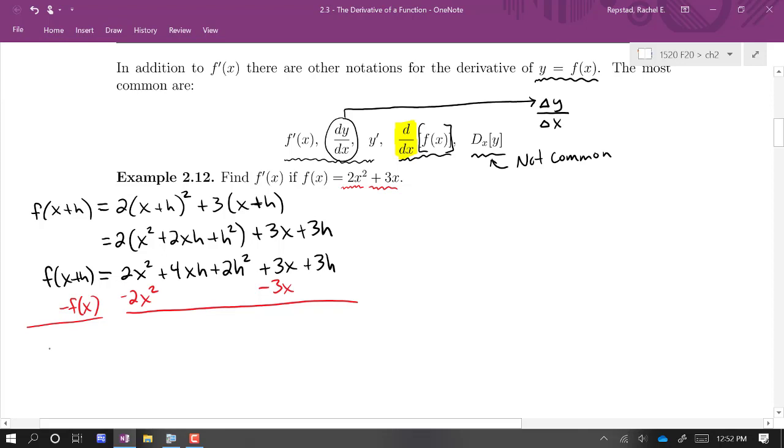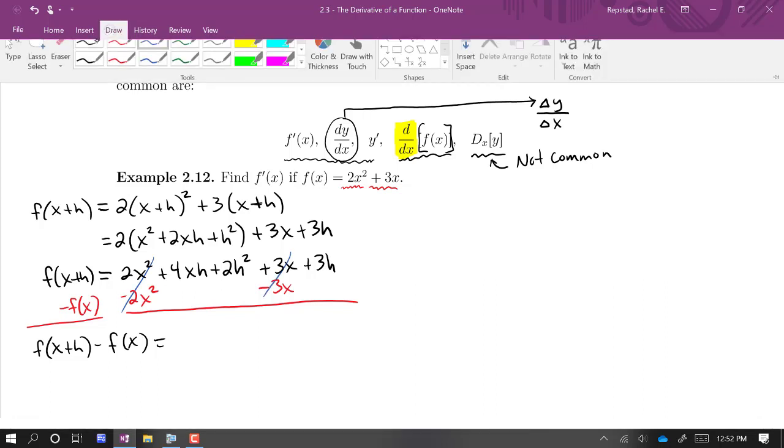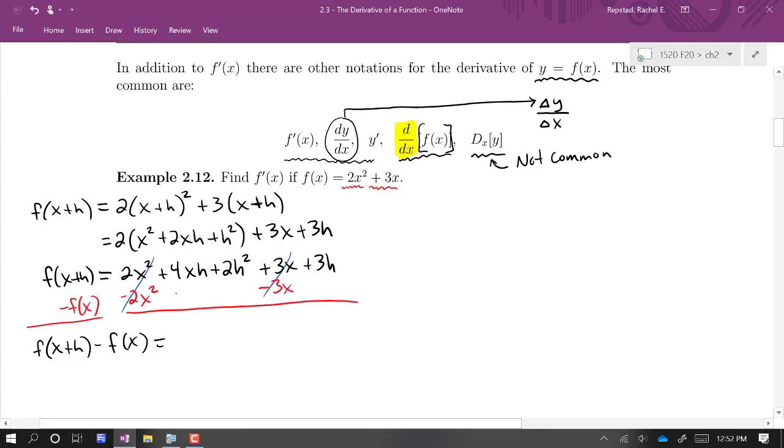Now we have f of x plus h minus f of x is equal to, so let's see what doesn't cancel. So those are gone and those are gone. What's left is 4xh plus 2h squared plus 3h. So I've got this expression, and now I can set up the limit.